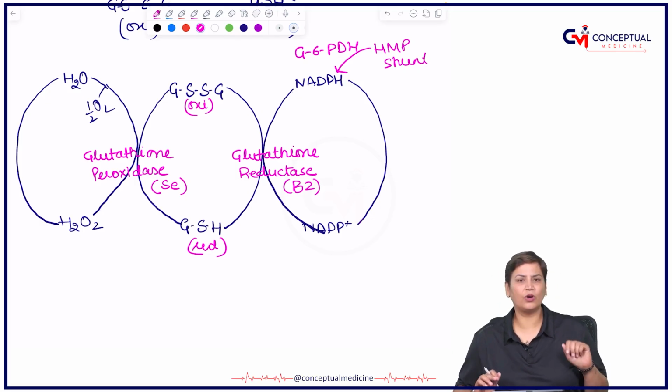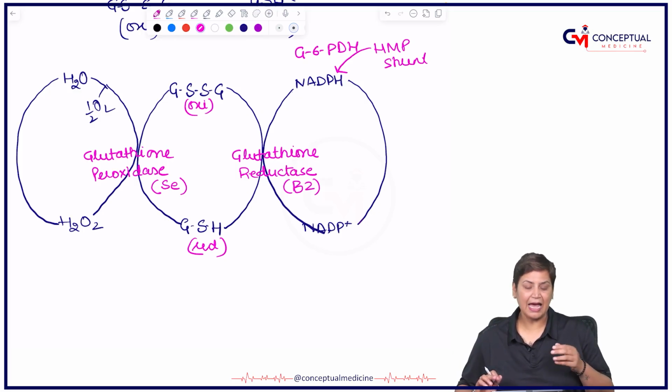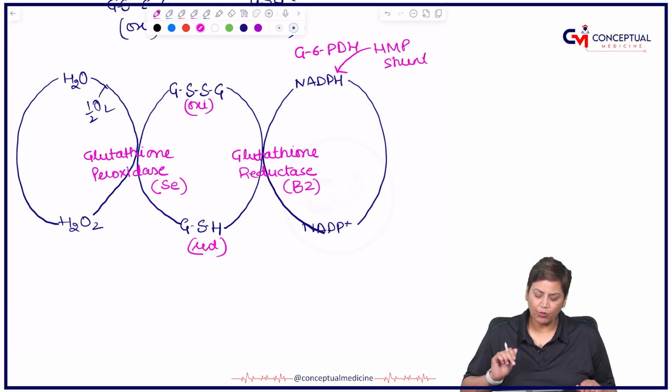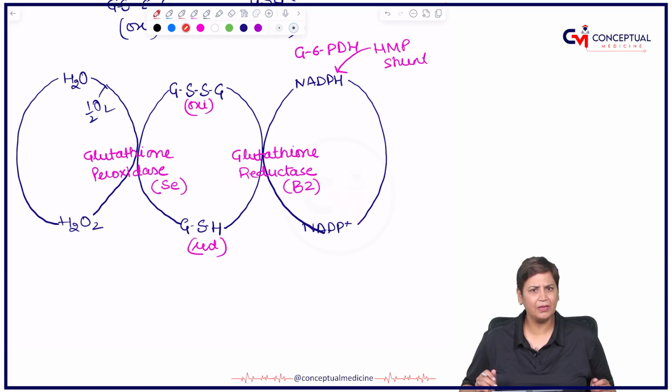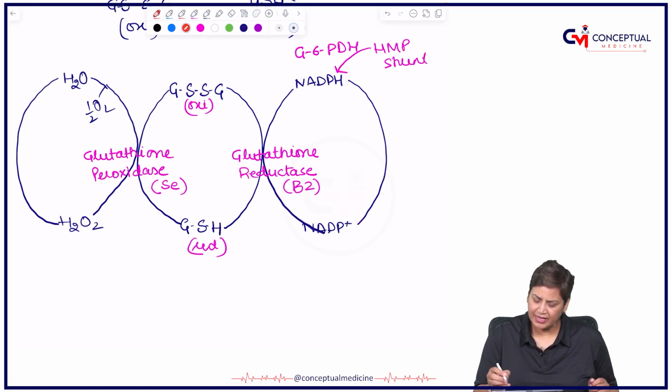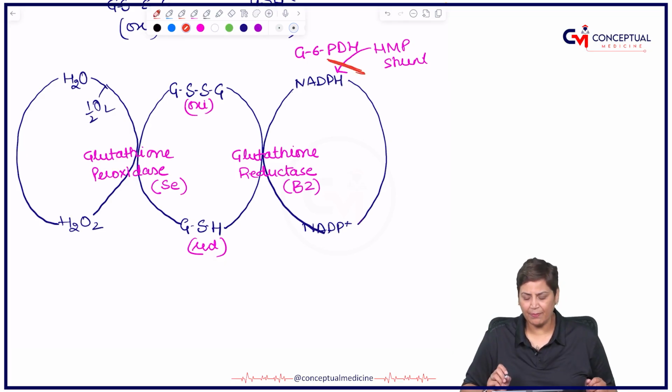Now the question is, what is the clinical correlation of this? What is basically happening? Suppose G6PDH is not working. It's an enzyme. What will happen?